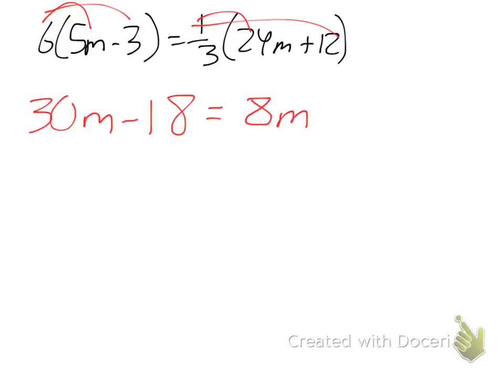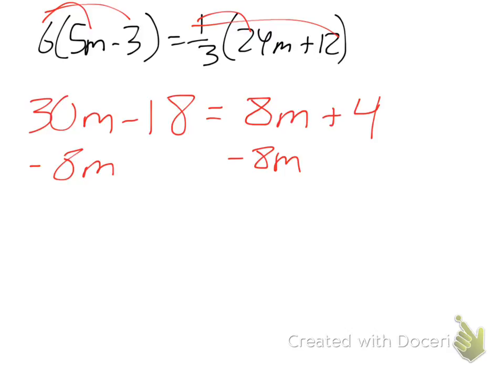And what's 12 divided by 3? 4. And now this one turns out to be a problem that we just did. So you ask yourself, which one's smaller, 30m or 8m? Which one's smaller, 8 or 30? 8. So I'm going to move it. So I'm going to subtract 8m from both sides.